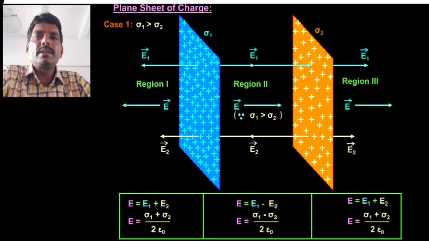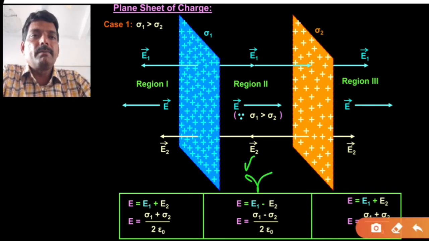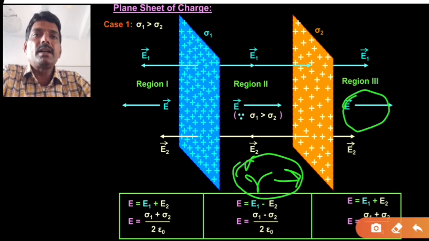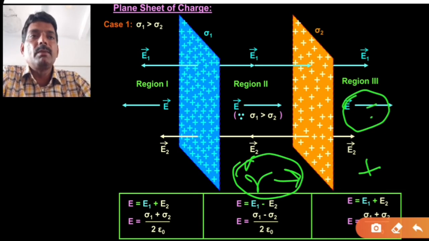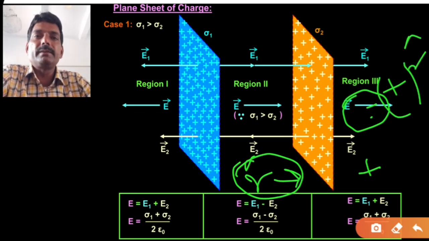Addition of these two will get sigma 1 plus sigma 2 upon 2 epsilon naught. What will be the vector form? The vector form will be again, suppose this is the r cap in this direction. So electric field intensity and r cap, unit vector, are in the same direction. Therefore this will become positive. This electric field E is equal to plus sigma 1 plus sigma 2 upon 2 epsilon naught into r cap. Okay, this you will get here.